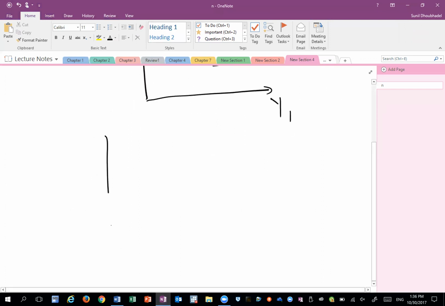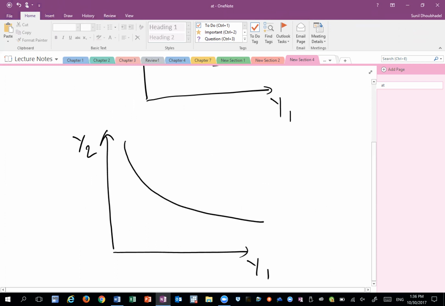So whenever, if I say this is Y2 and this is Y1, and this is the indifference curve, and I draw the budget line tangent to that indifference curve, let's say this is the tangent point, then at that point you get the utility maximizing bundle Y2 star and Y1 star, and this bundle maximizes utility, okay?